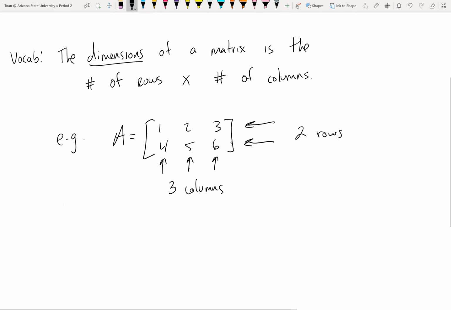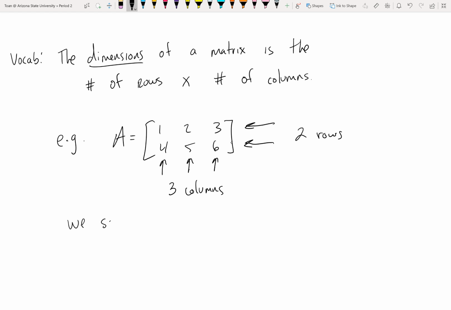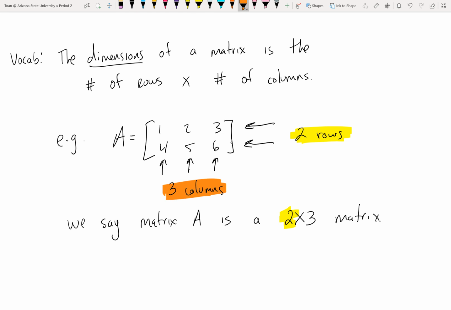So we would say that matrix A is a 2 by 3 matrix. It's always rows first, columns second. You guys okay with that idea? Yeah.